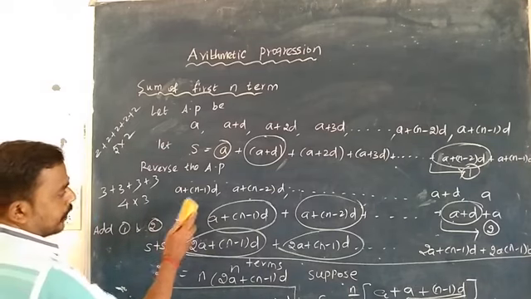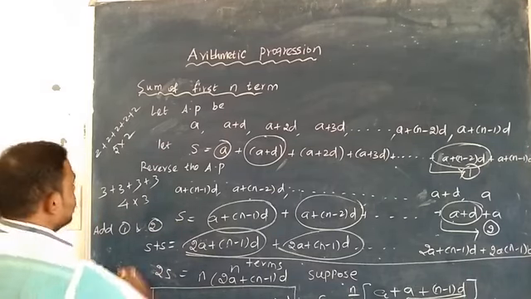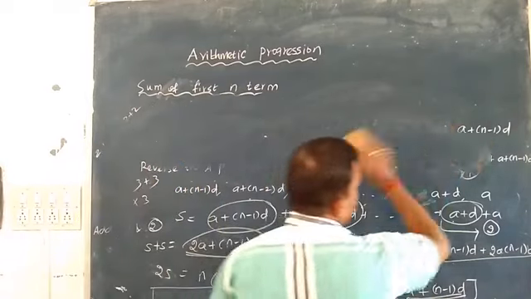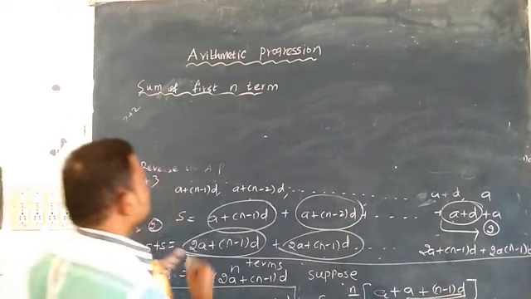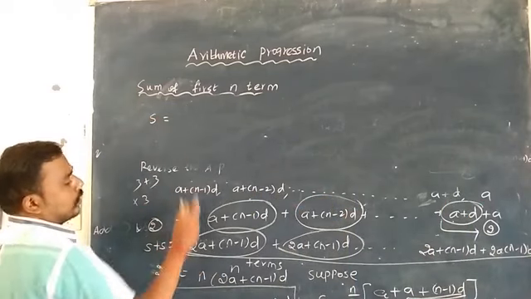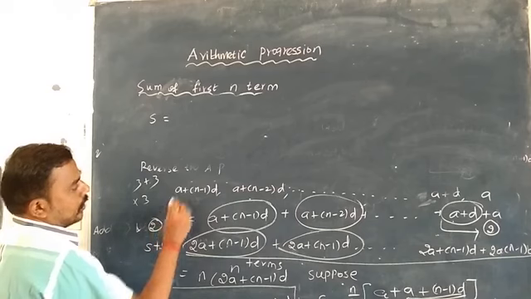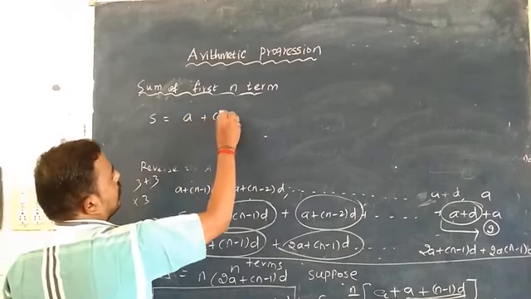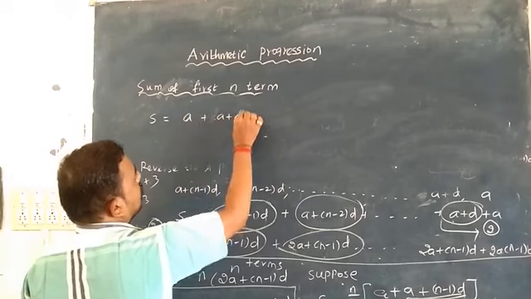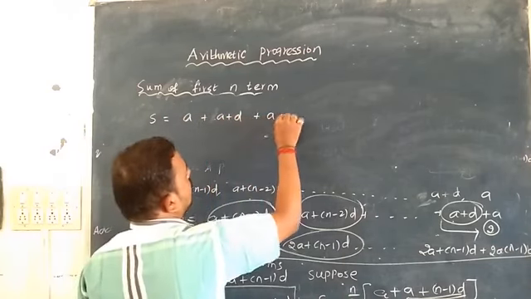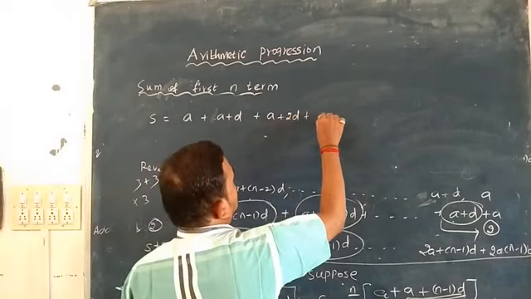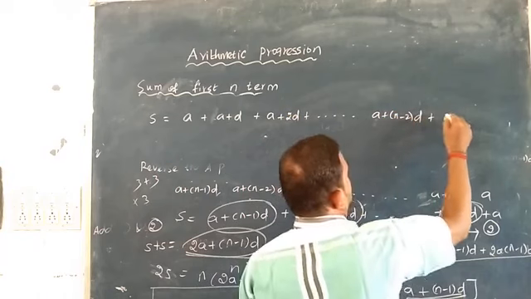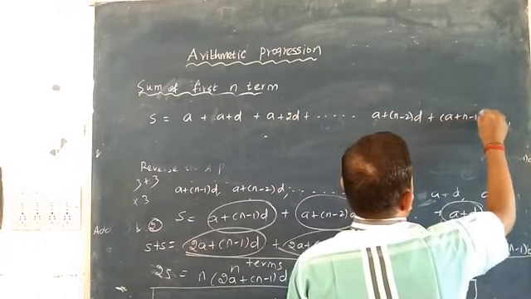Now I will once again give you the idea of the addition. Suppose S is equal to this: first one a, plus (a plus d), plus (a plus 2d), and so on, plus (a plus (n minus 2) into d), plus (a plus (n minus 1) into d).